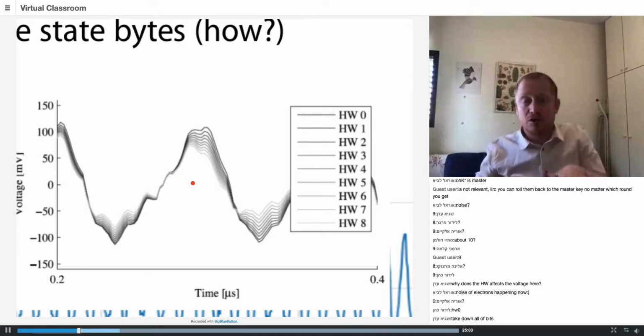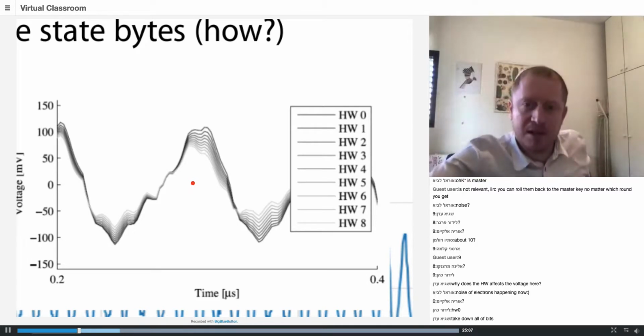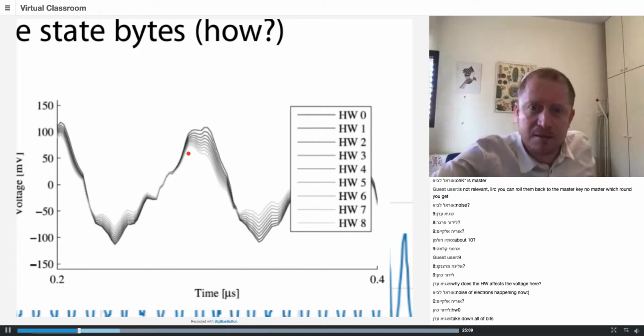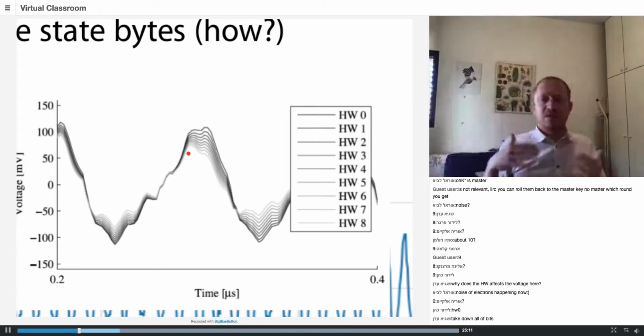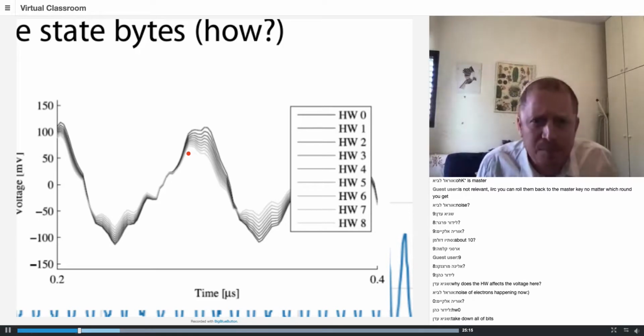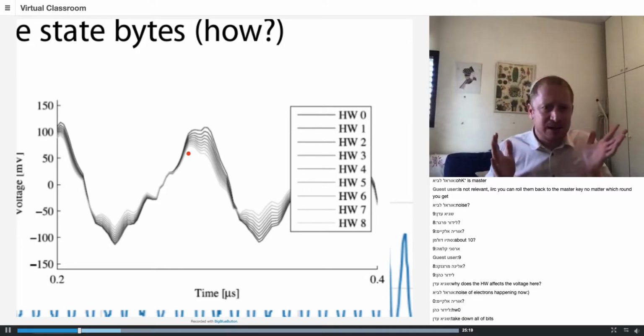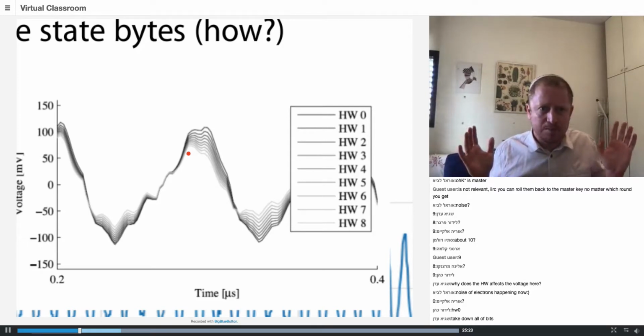And when you're finished, you have to bring them back up to 1. So this is the very dramatic thing. And the Hamming weight of 8 is the most gentle. There is some action going, but it's less. Did I explain why the Hamming weight affects the voltage? Sagi, was that a good answer?